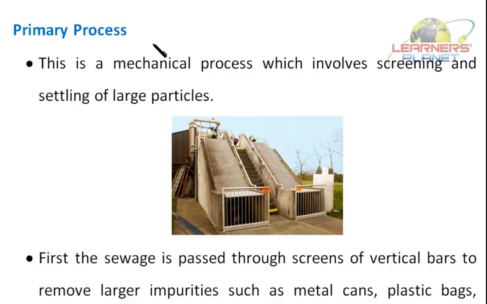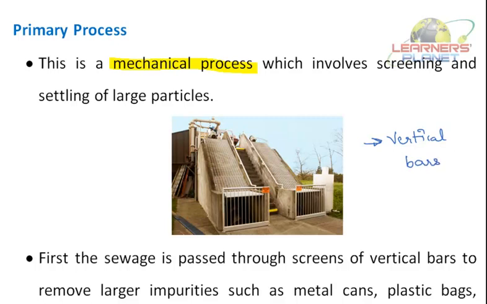Yes, in the primary process, what happens? Primary process is actually the mechanical treatment, which involves screening and settling of large particles. Now here you can see a picture of vertical bars.